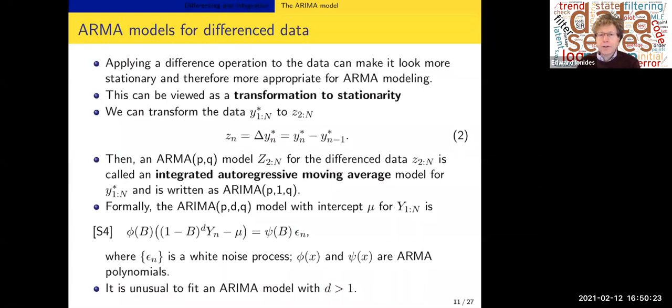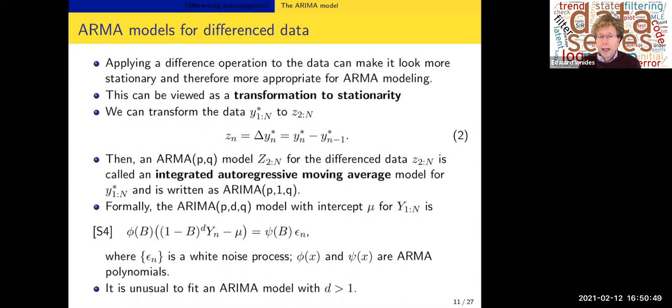Applying a difference operation to the data can make it look more stationary, therefore more appropriate for ARMA modeling. Remember that we're usually interested in fitting stationary ARMA models. And so if you want to fit stationary models and your data don't look like they are well suited to a stationary model, you transform to stationary. This is a very standard way to transform to stationary.